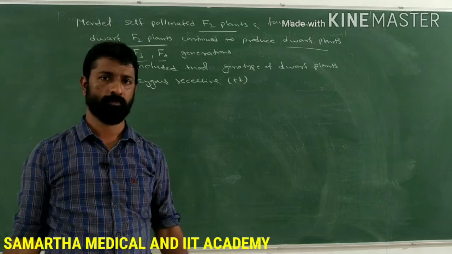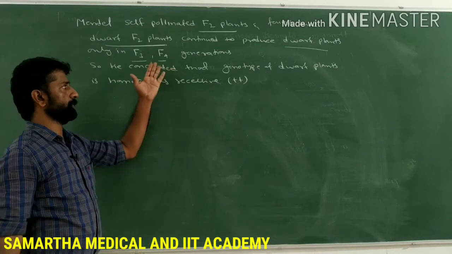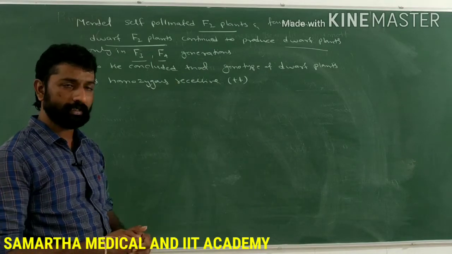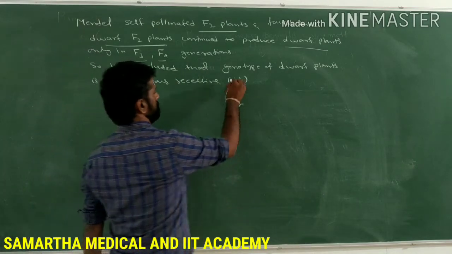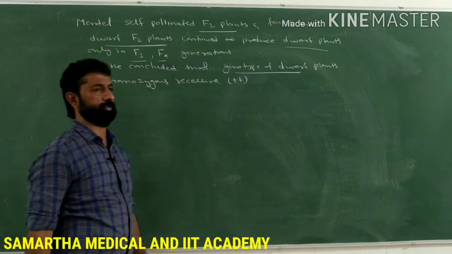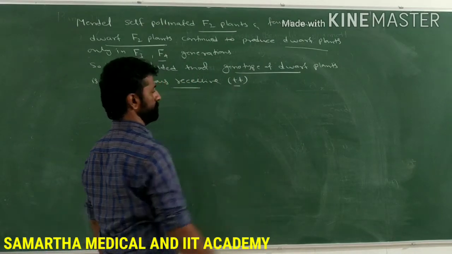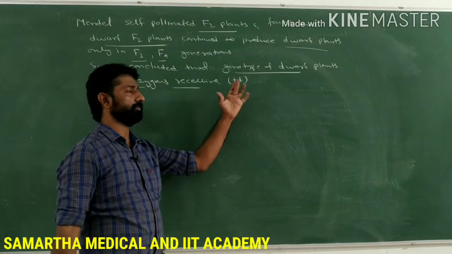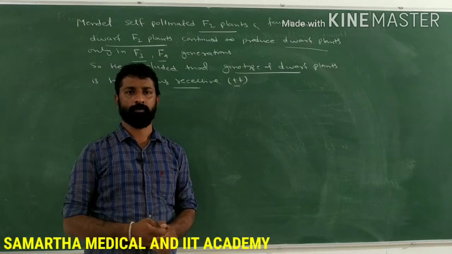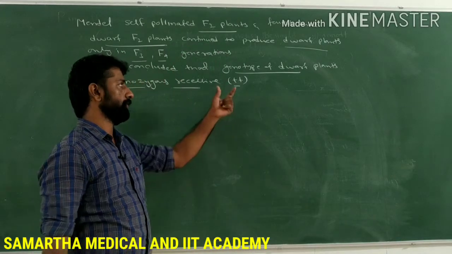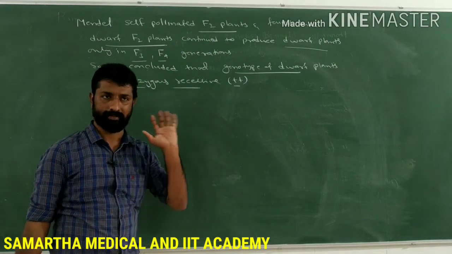So when they continued to produce dwarf plants only in F3 and F4, he concluded that the genotype of the dwarf plants is homozygous recessive, small t small t, as there is no mixture of alleles or allelic pair, so it continued to produce dwarf plants only. So the dwarf plant is homozygous recessive.